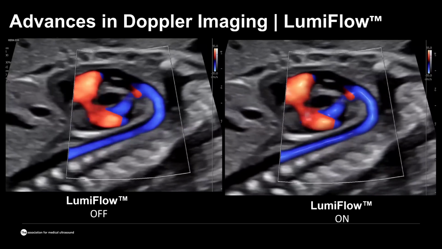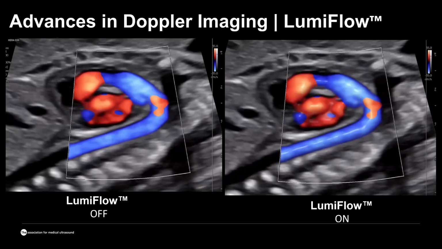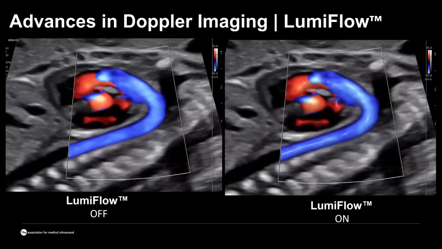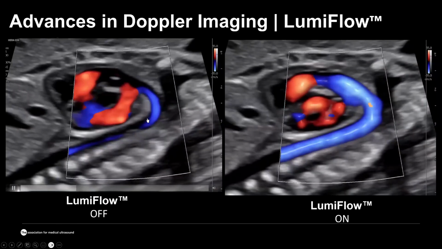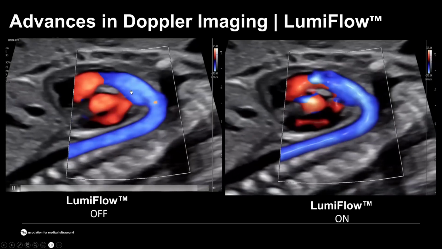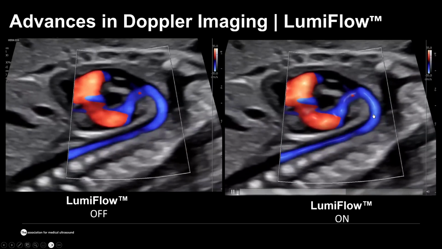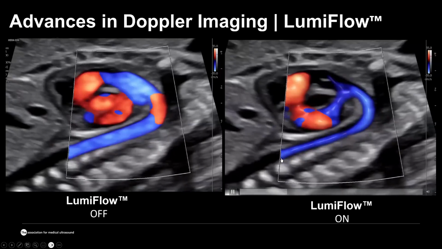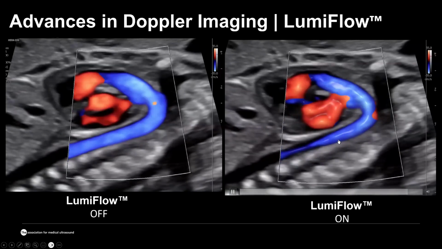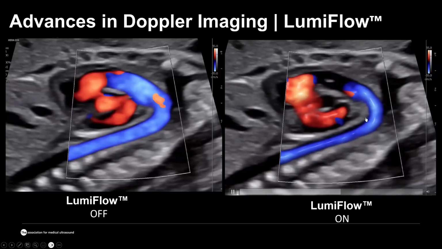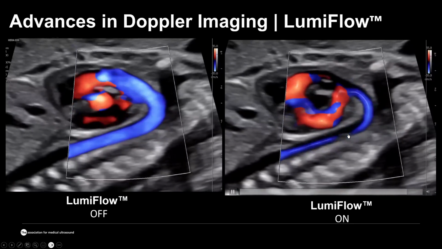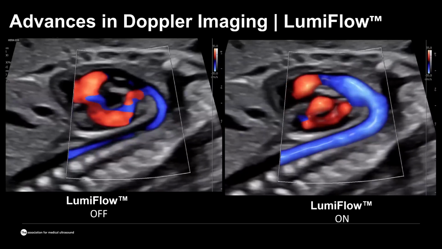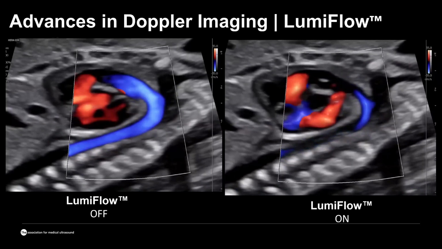Here is an example of Doppler imaging that shows the utilization of LumiFlow and that 3D appearance. Here the image showing color is very flat, and here it has a 3D appearance. But I would like to highlight the new development of the color, showing a very great technique that allows eliminating the bleeding artifacts and some noise.